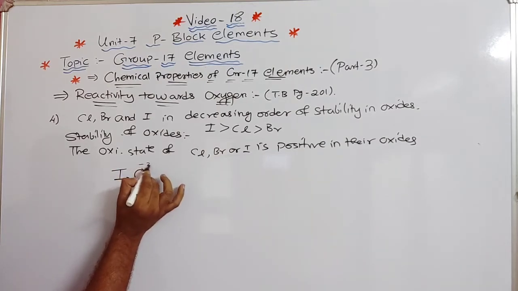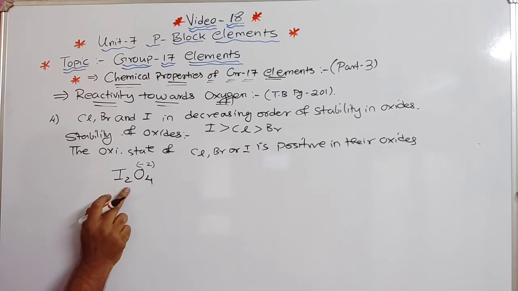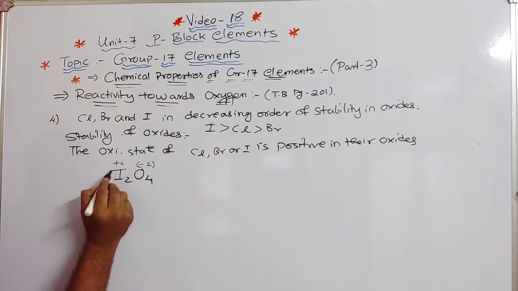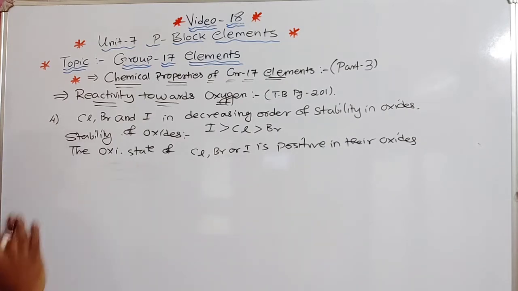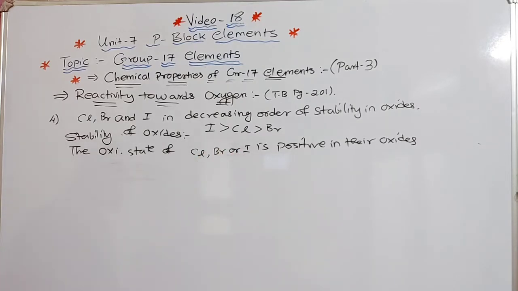In this case oxygen will have a negative oxidation number, while iodine will have a positive oxidation number. Clear? So this was all about I2O4, an oxide in which the halogen has a positive oxidation number.